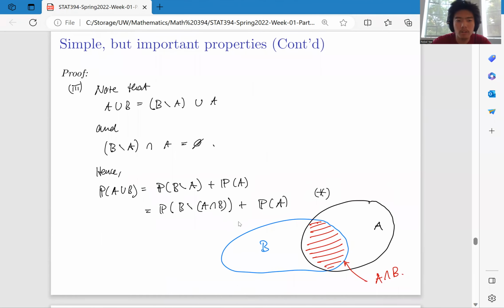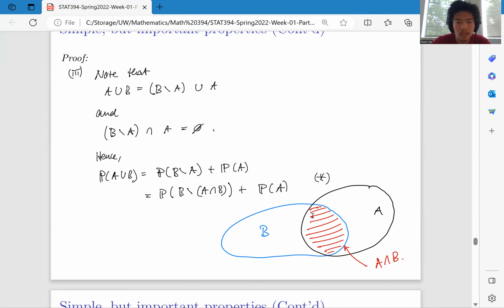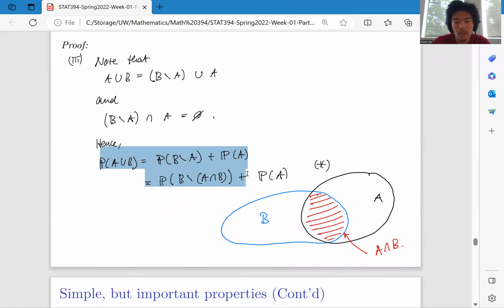And note that if we want to take A union with B, it is also equal to the B minus A part, which is this part, union with A. So that's a pairwise disjoint set, and their union is the same as A union with B. So hence we can know this property, which is to say the probability of A union with B is equal to P(B minus A) plus P(A).